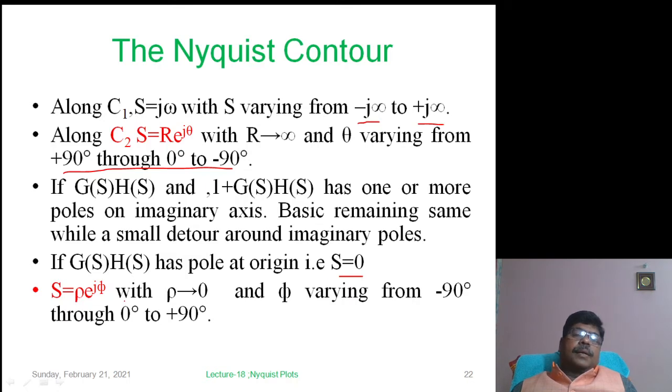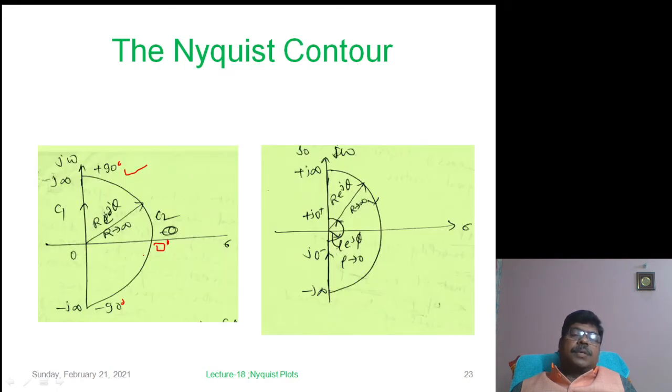In that case, S equals rho e to the power j phi, where rho tends to 0 because it is lying at the origin. In that case, phi will vary from minus 90 degrees to 0 to plus 90 degrees. So, here you can see this is section C1, this is section C2. For this case, if any point lies on this origin, what would happen?